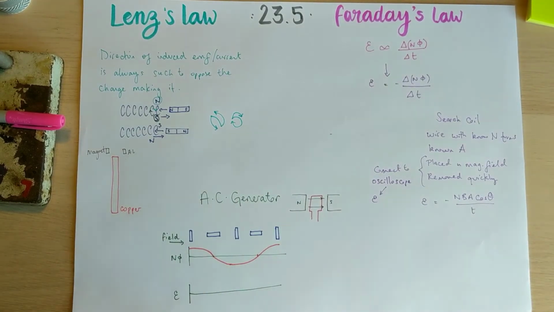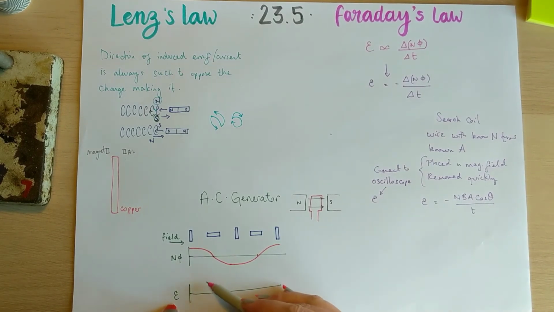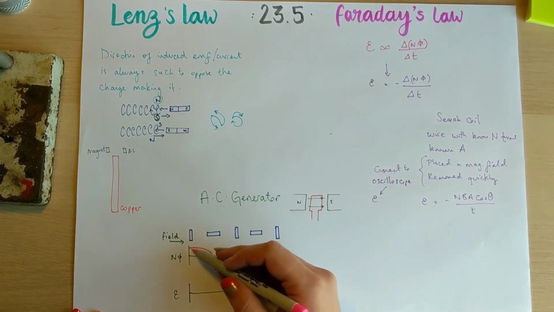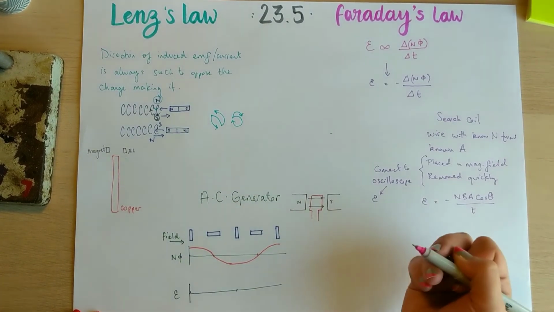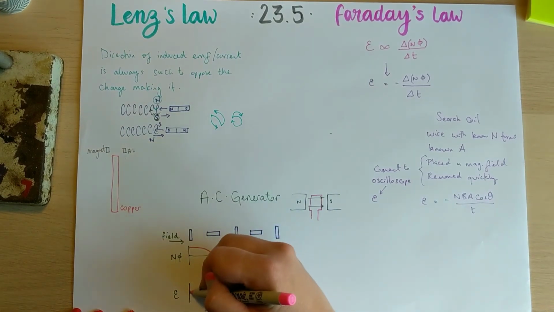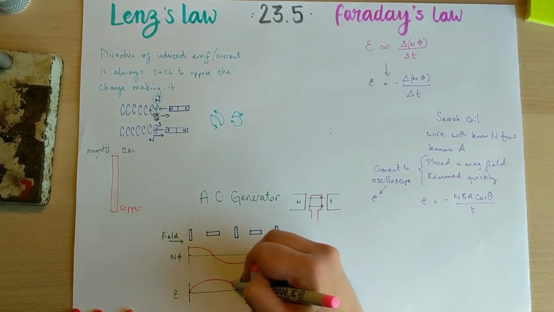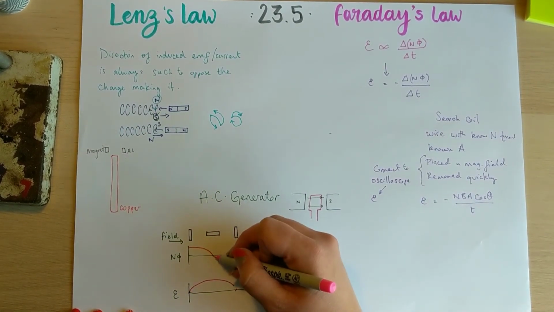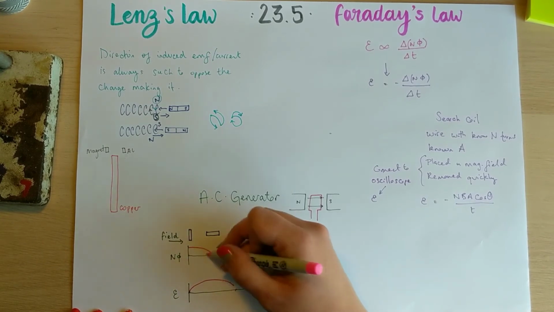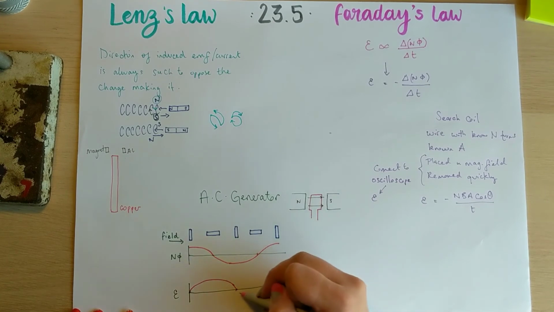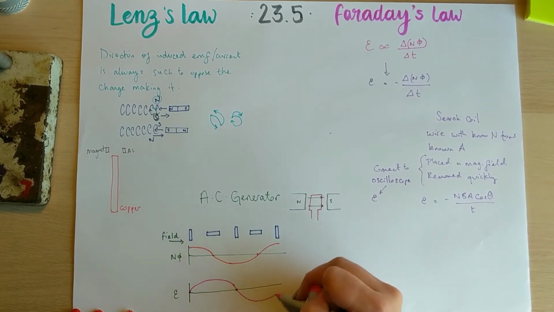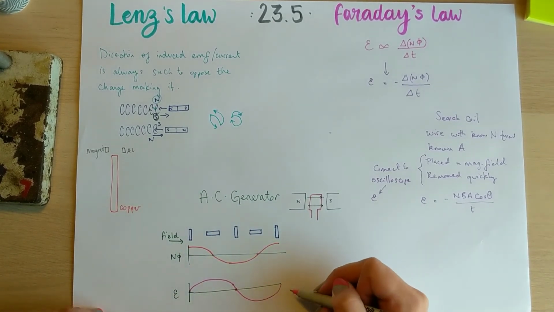For the induced EMF, it is the opposite relationship. When the flux linkage is at a maximum, the EMF goes through zero. So we go up to a maximum EMF when the flux linkage is zero, and then down to a negative maximum, showing it in the opposite direction.